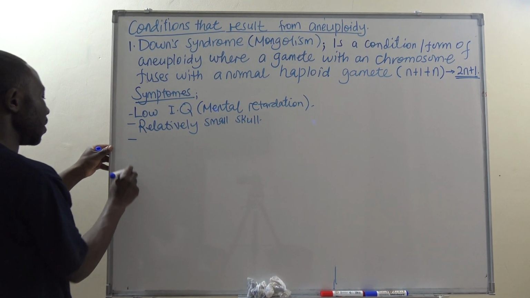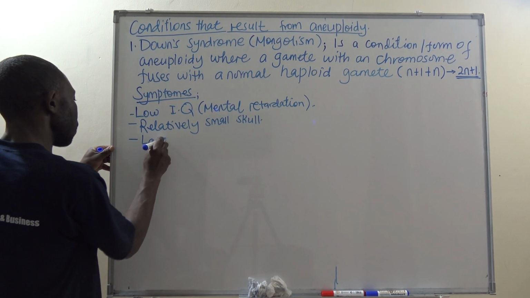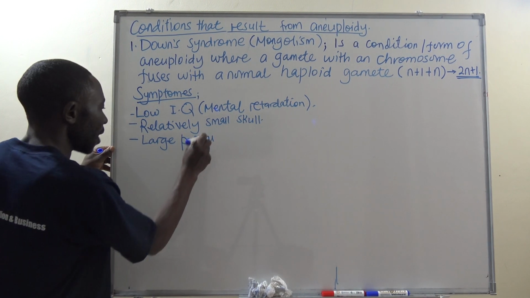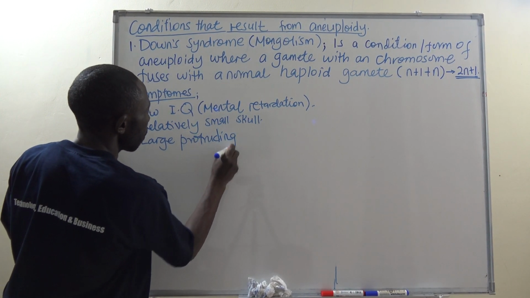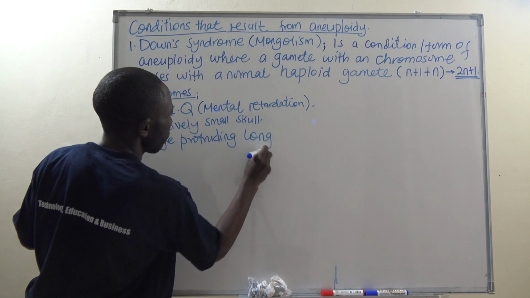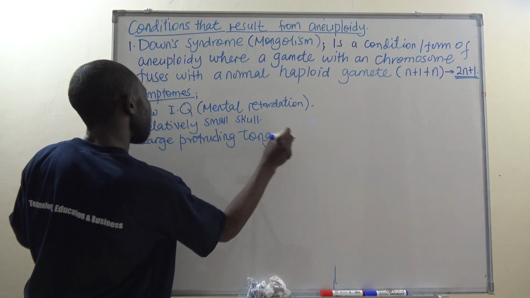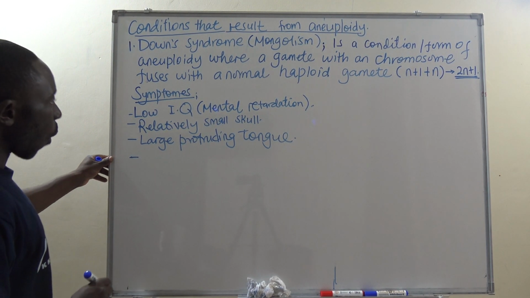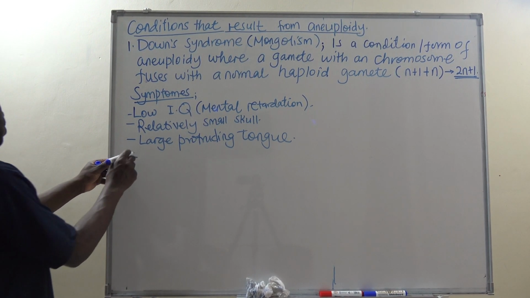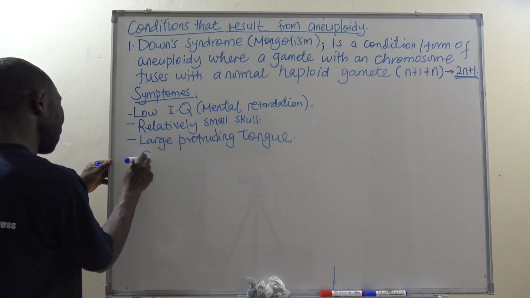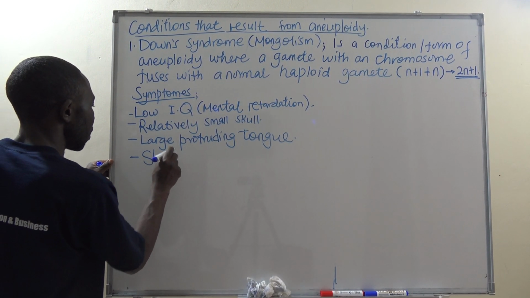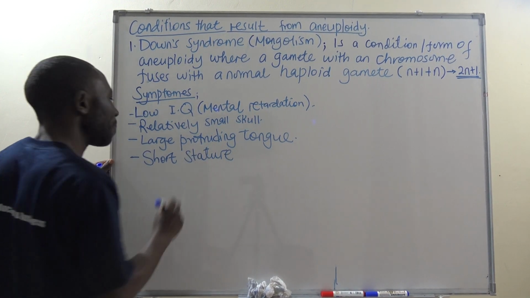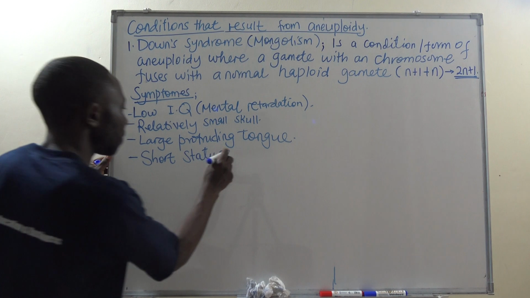Then next is a large protruding tongue. The other one is short stature, that is dwarfism.